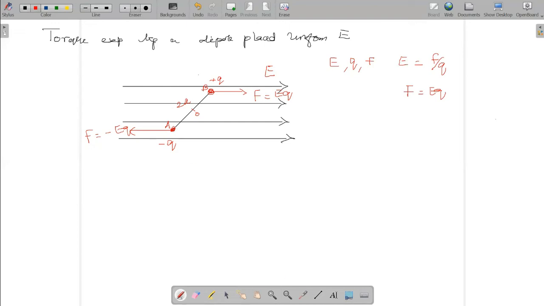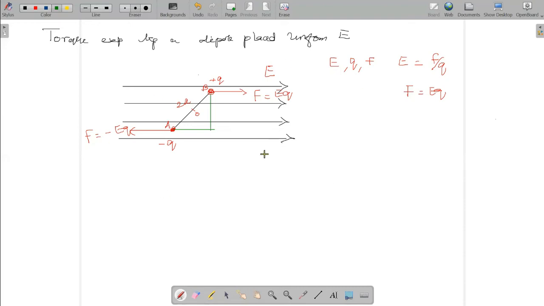So this couple will offer a torque. Again, two equal and opposite forces separated at a distance constitute a couple. The couple is measured in terms of torque.